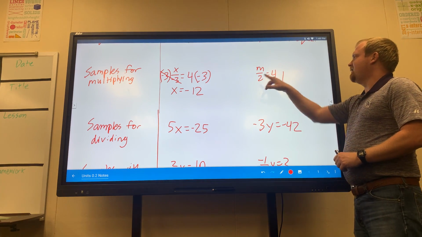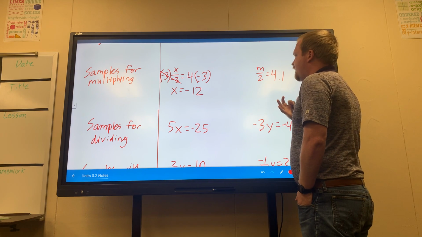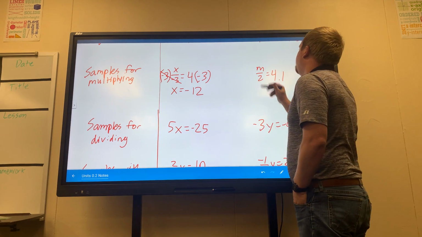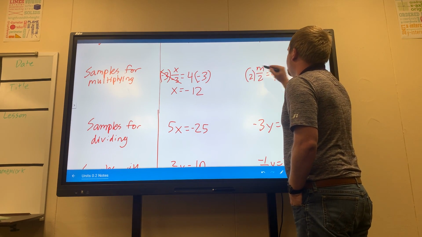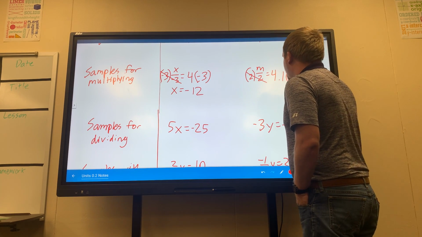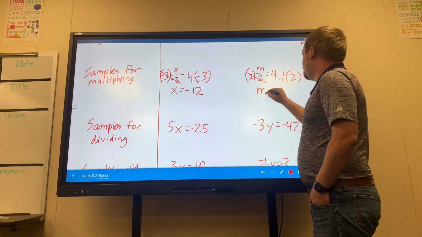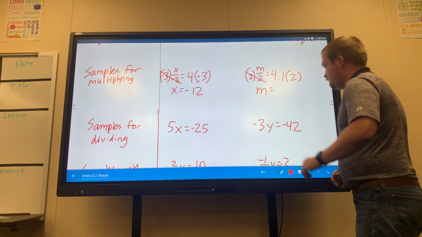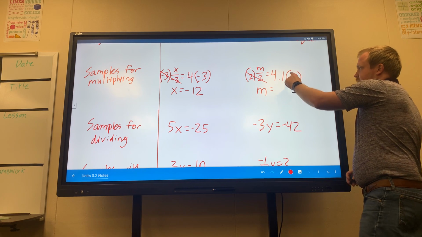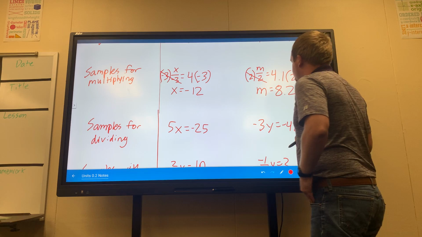So I want to take the inverse of m divided by 2 to both sides, which means multiplying by 2 on both sides. 2 divided by 2 is 1, so that cancels out and I'm left with m on the left side. 4.1 times 2 is going to give me 8.2.